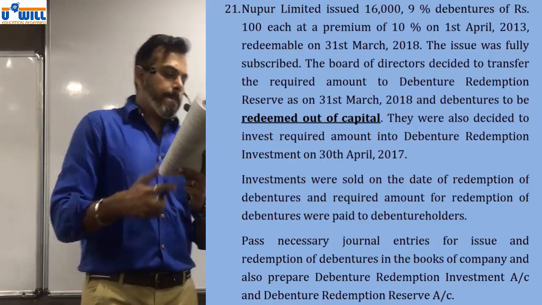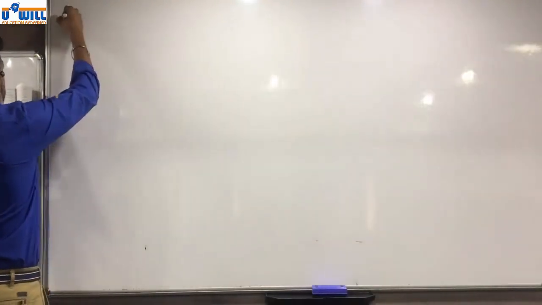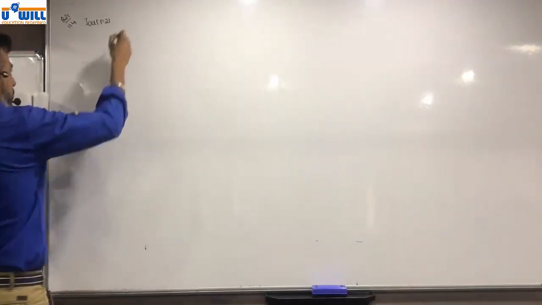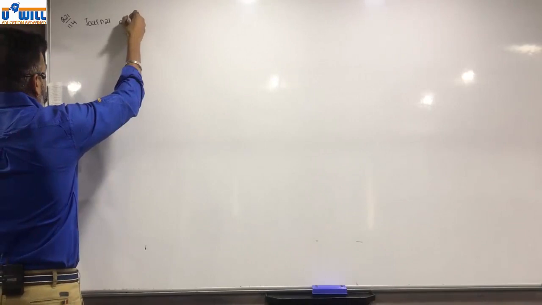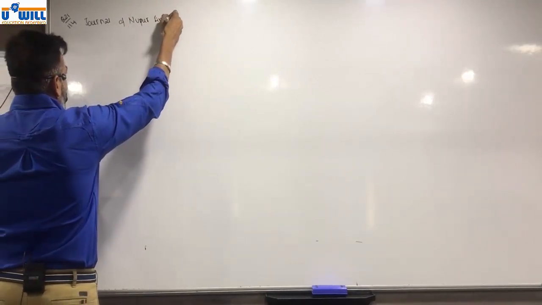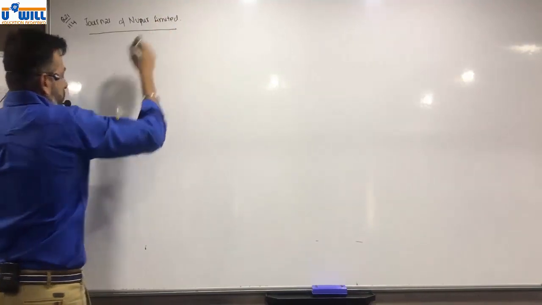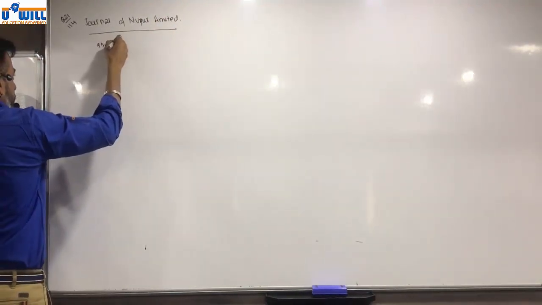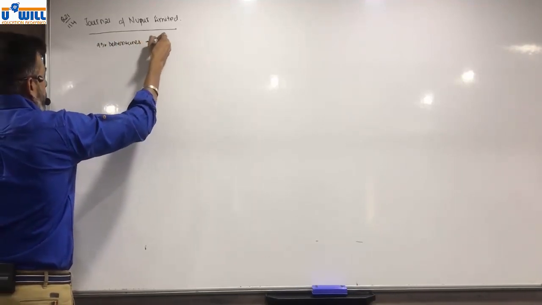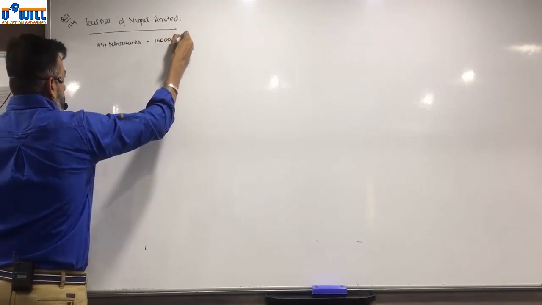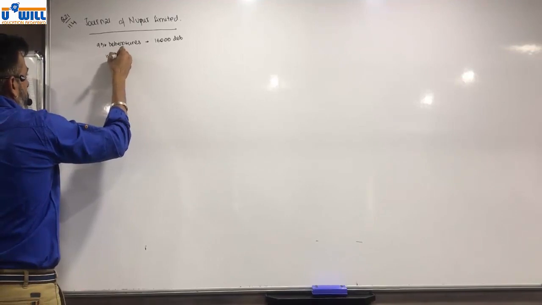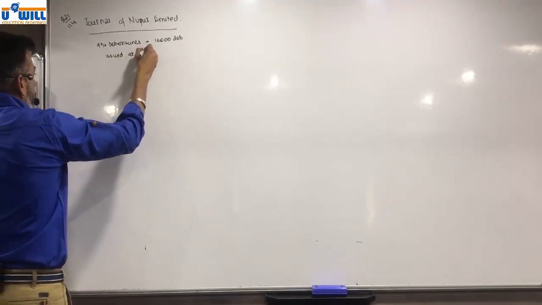Write the heading. Question 21, page 114. Journal of Nupur Limited (9% debentures), 16,000 debentures issued at 10% premium.